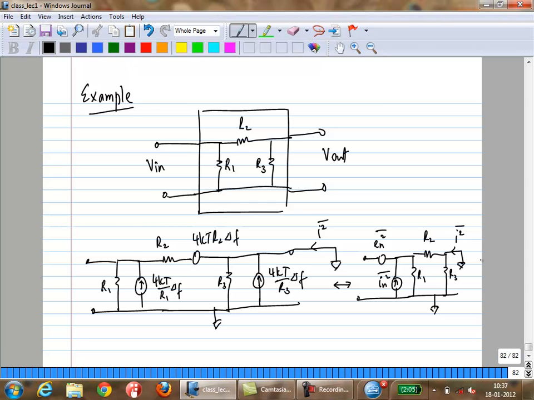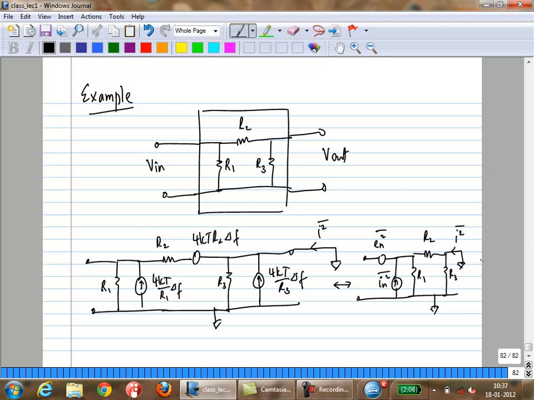So one easy way to actually calculate this for any 2 port is to look at what happens when you short the input and what happens when you open circuit the input. Why do we want to do this? Because what happens when you short the input for this 2 port? All the noise current from IN squared will flow into this short circuit. So none of it will flow to the output. So for the equivalent circuit, the output noise will all be only from EN squared.